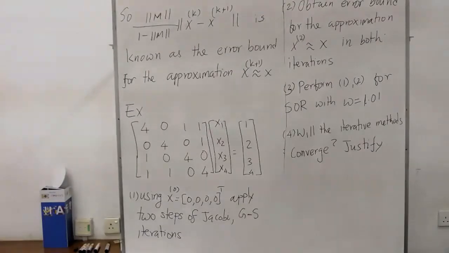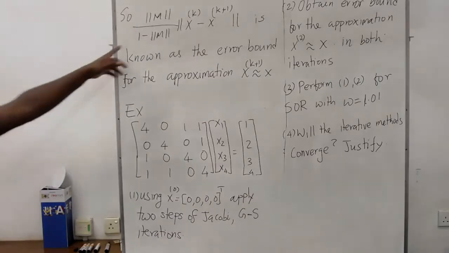Then, assuming that you approximate the real solution x by the second iteration x2 in both Jacobi iteration and Gauss-Seidel iteration, they ask you to determine the error bound.